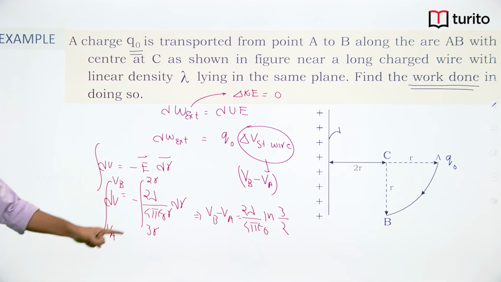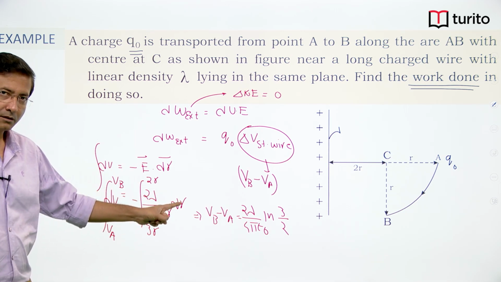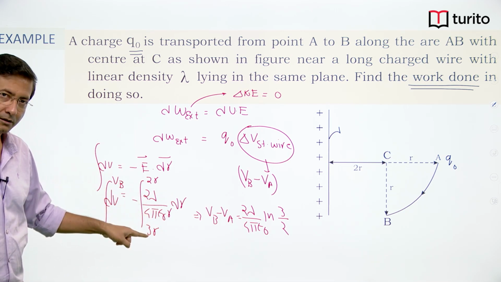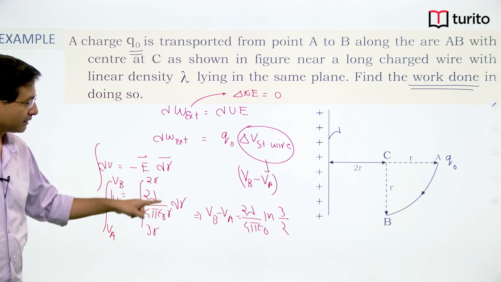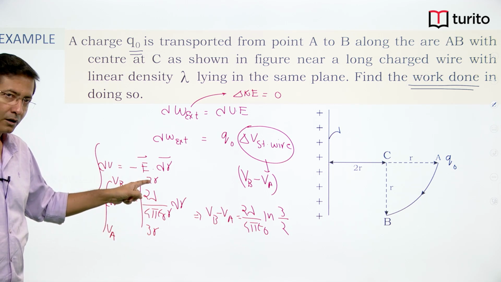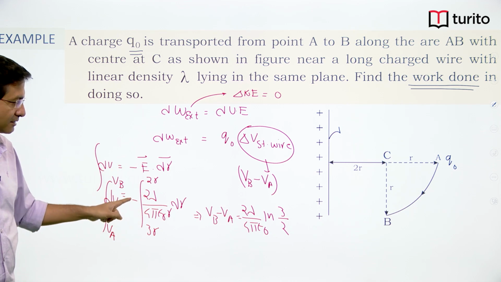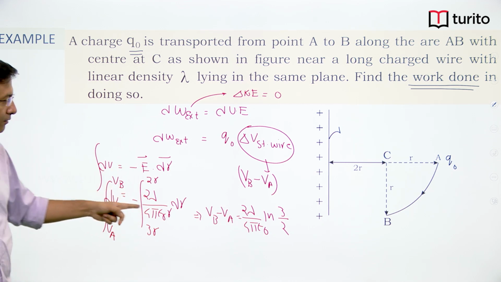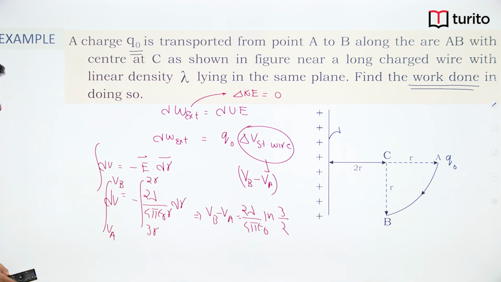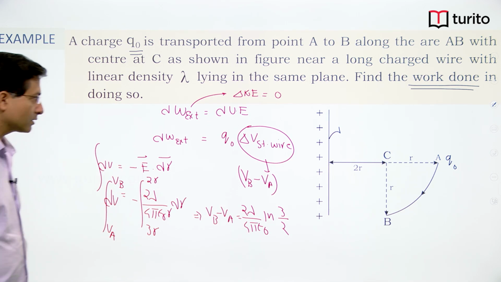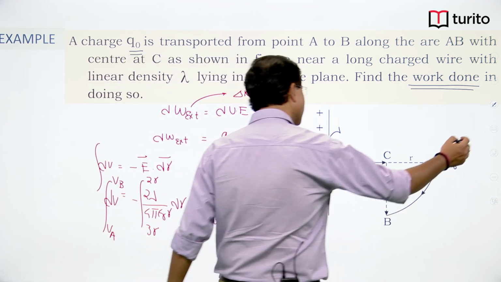I hope you are understanding. This will become log A minus log B, that can be written as log A by B. As the minus sign is there, you have to reverse. After reversing, you will get this, right. So, this is just the potential difference.